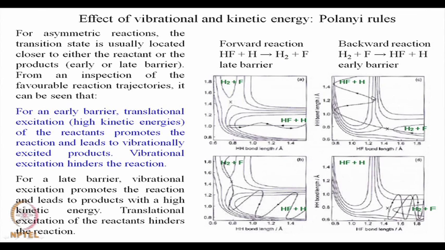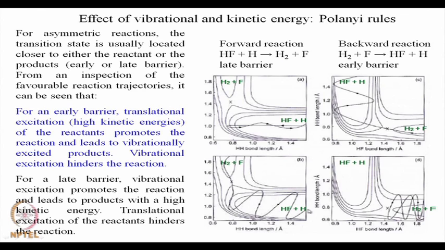Next, the case of a late barrier. When it is a late barrier, the barrier is nearer to the product side. This is your initial side, this is your final side. So for a late barrier, vibrational excitation promotes the reaction and leads to products with high kinetic energy.